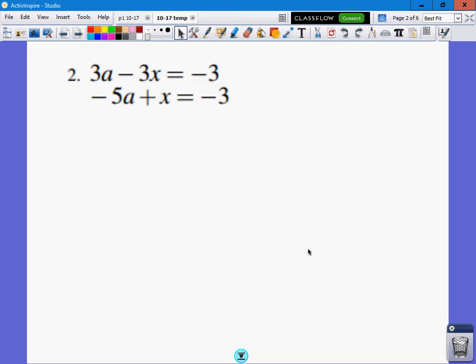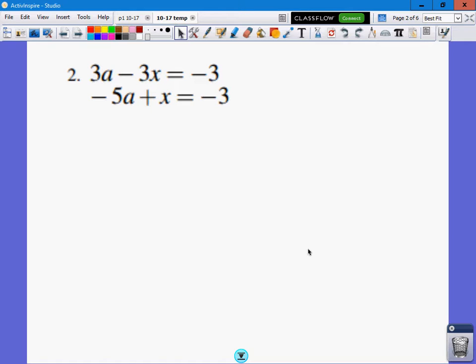Substitution, I would strongly recommend anytime you see you have a coefficient of 1. What's a coefficient? The number that's in front of the variable. So if I look at this first example, what are my coefficients in the first equation? 3 and -3.